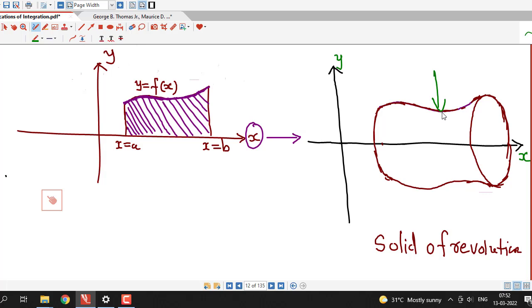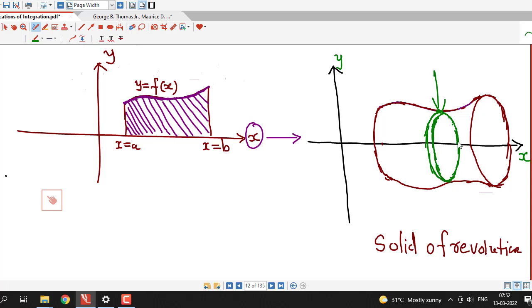Then the cross section will be a circular disc like this. This is also we are visualizing in three-dimensional space, but we will obtain a disc in this way.